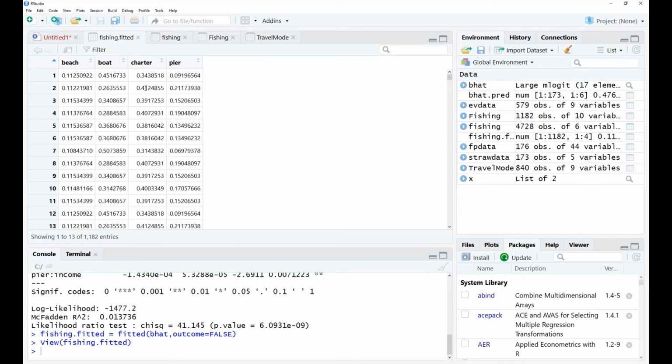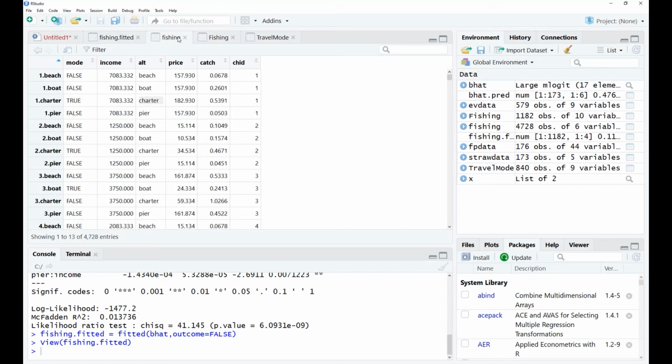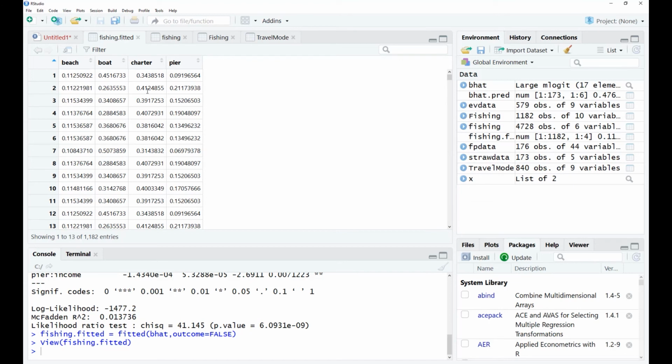Now our model predicts that that person had a 34% chance of picking charter, and it actually allocated a higher chance of picking the boat. Now, if you compare this to the second individual, who in reality picked, again, charter, then our model predicted that the person had a 41% chance of actually picking charter.